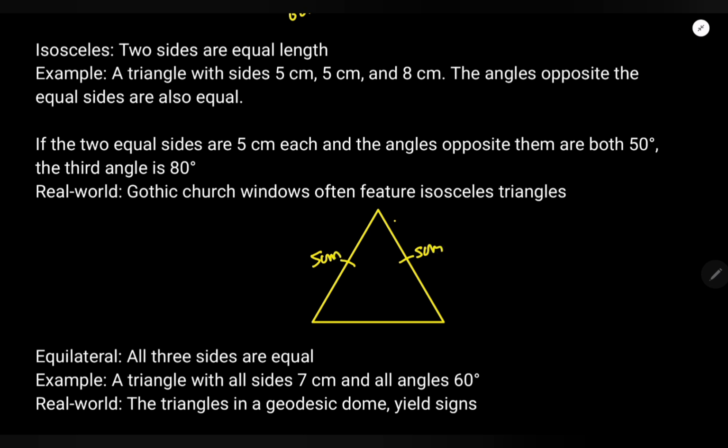This is known as an isosceles triangle, and there is a property of this triangle. The angle opposite to this side and the angle opposite to this side will always be equal. Suppose one is 50 degrees, then the other will also be 50 degrees. So this is an isosceles triangle.